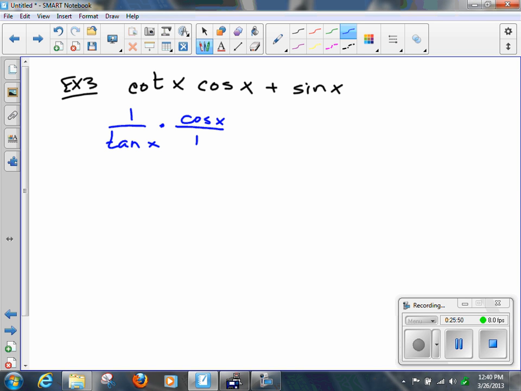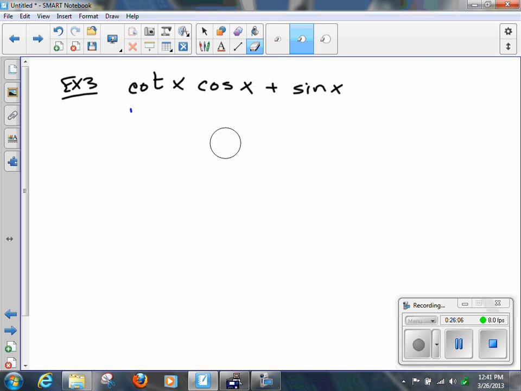Because if I change it into terms of sine and cosine, not really. It hasn't helped me. So you have to drop back and punt and try something different. And this is where, if you don't use a pencil, you are up the tree without a rope. Cotangent: what's another way for cotangent?